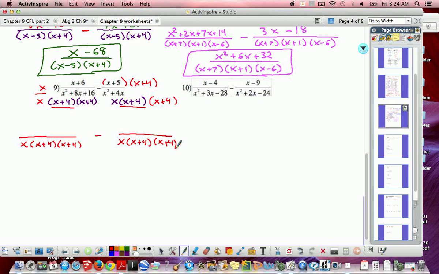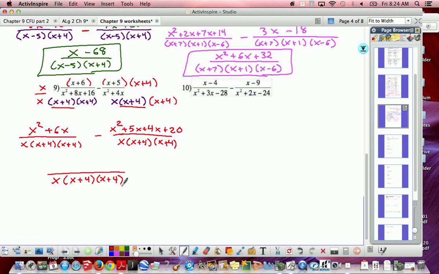So now I need to, in this case, distribute, so I get x squared plus 6x. And then on this one I have to FOIL, so I have x squared plus 5x plus 4x plus 20. So now I need to do the subtraction. My denominator is the same for both.